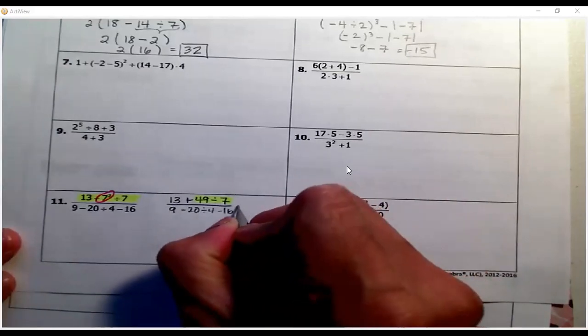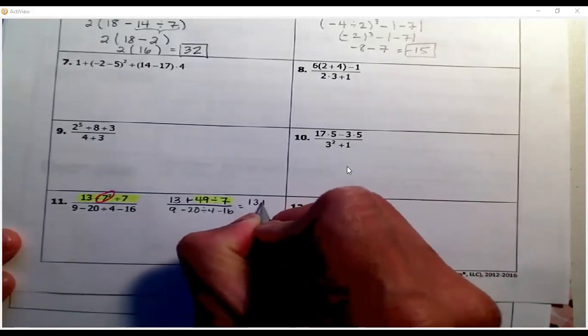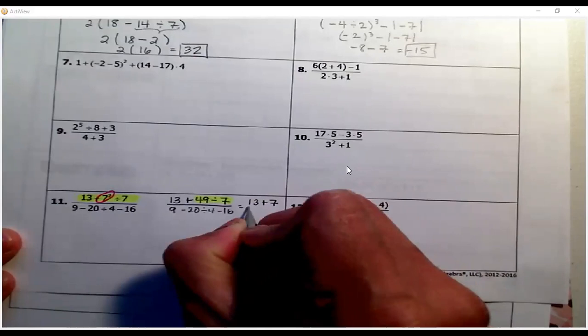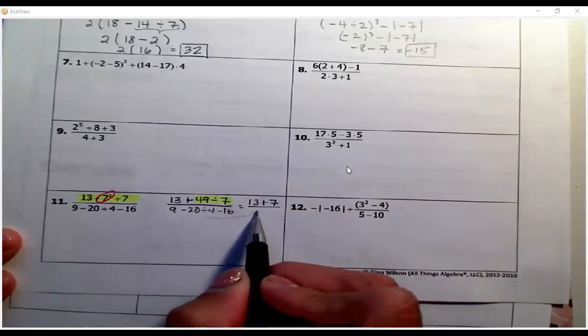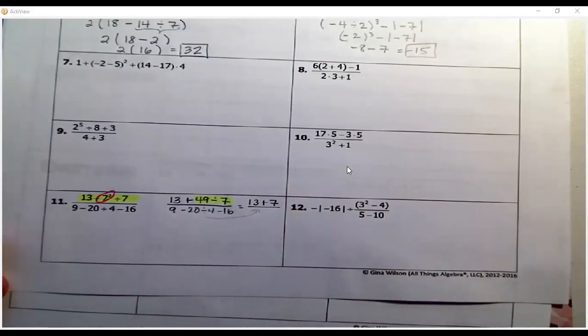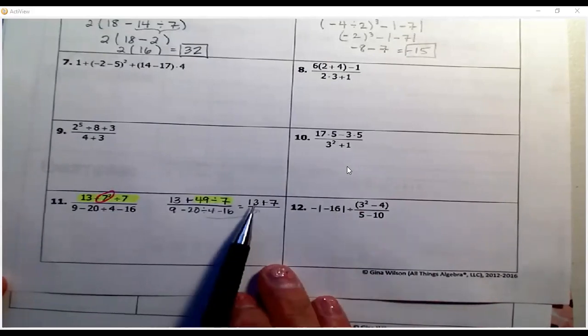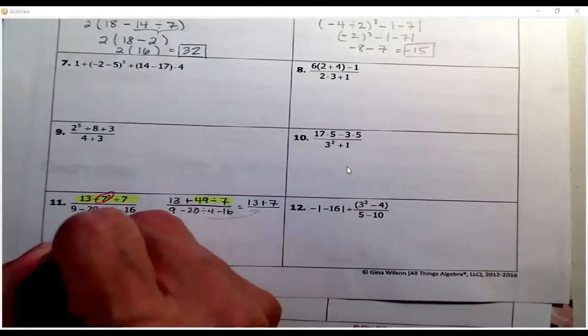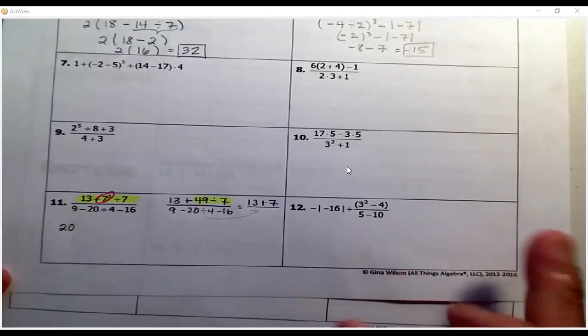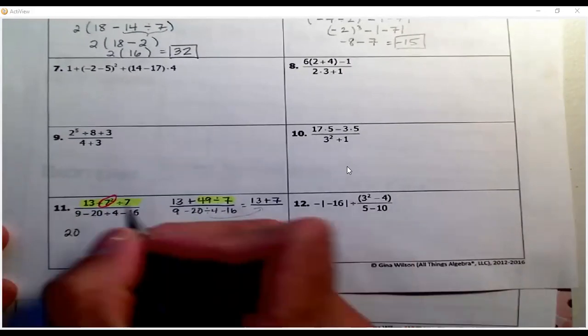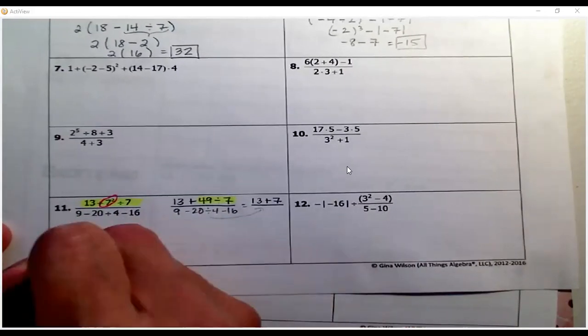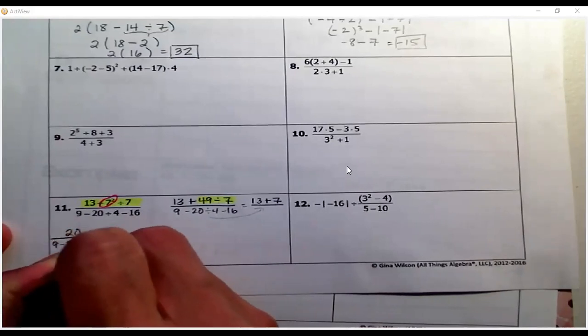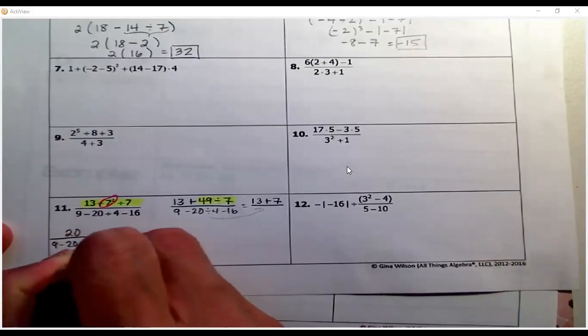So I'll have 13 plus 7 over, and then the same value will be here. I don't have room right there, but I would rewrite it. 13 plus 7 is going to be 20. 20 over 9 minus 20 divided by 4 minus 16.